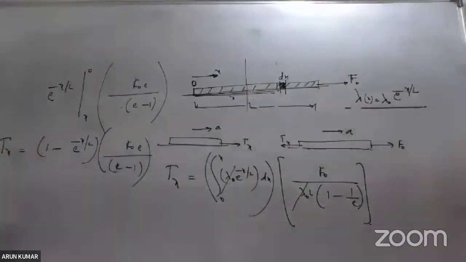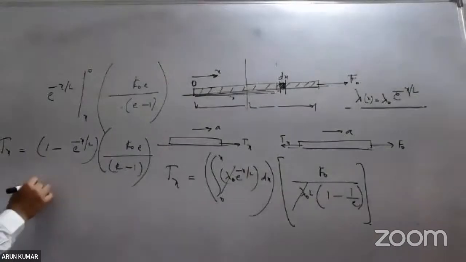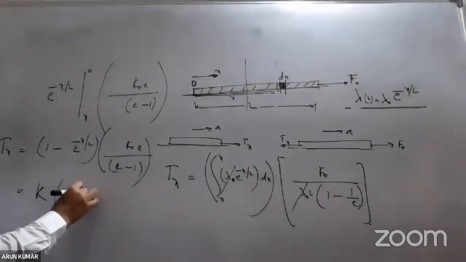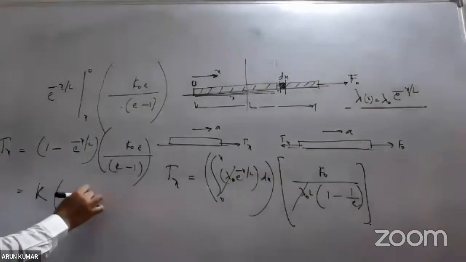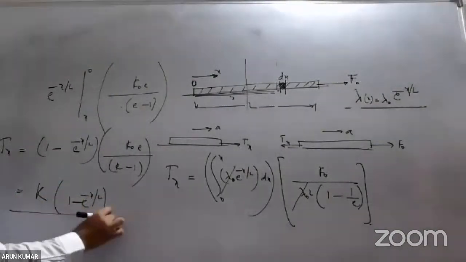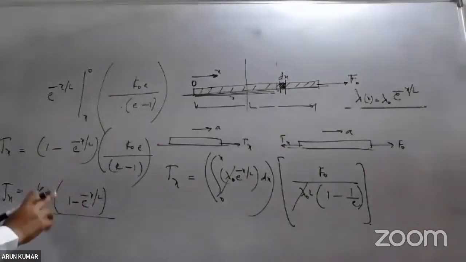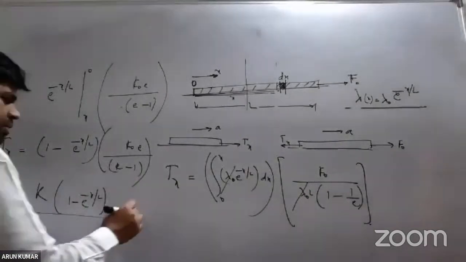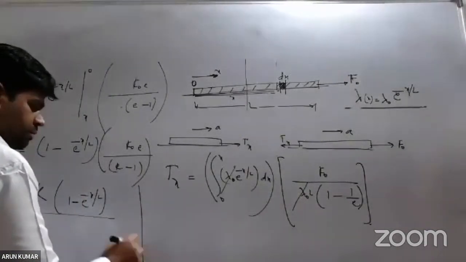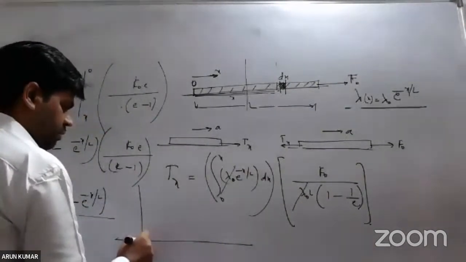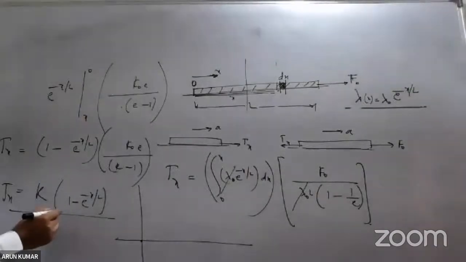This is my tension as a function of x. Now this is nothing but some constant k times 1 minus e power minus x by L. Can we plot this function? Yes, we can. 1 minus e power minus x by L. When x is equal to 0, my tension is 0.